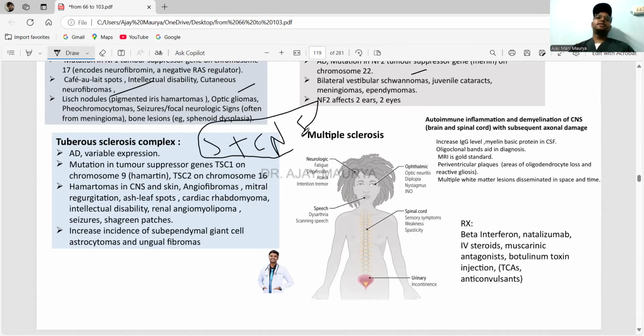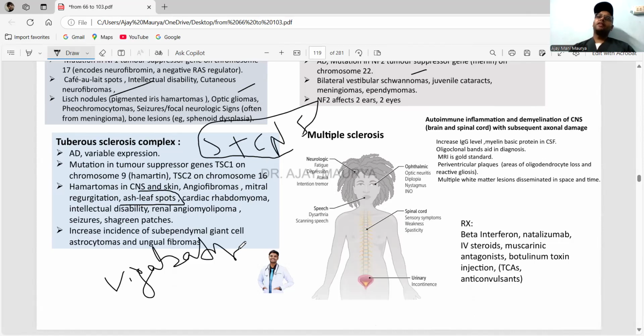And remember, you will see ash leaf spots. What is the treatment for this one? It is vigabatrin. Vigabatrin is the treatment of choice for tuberous sclerosis.